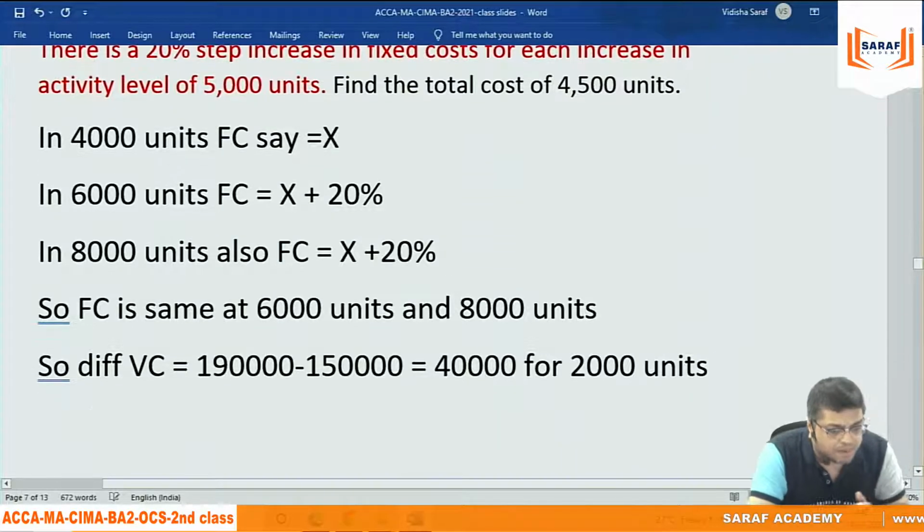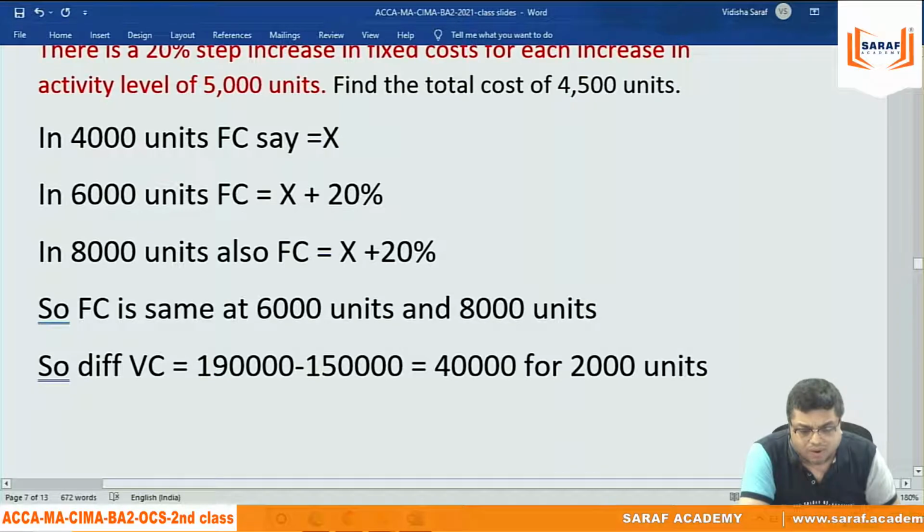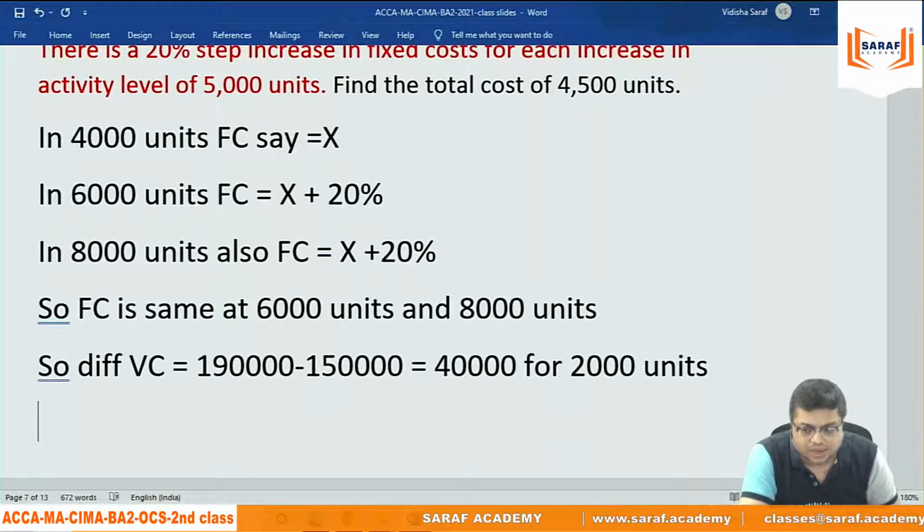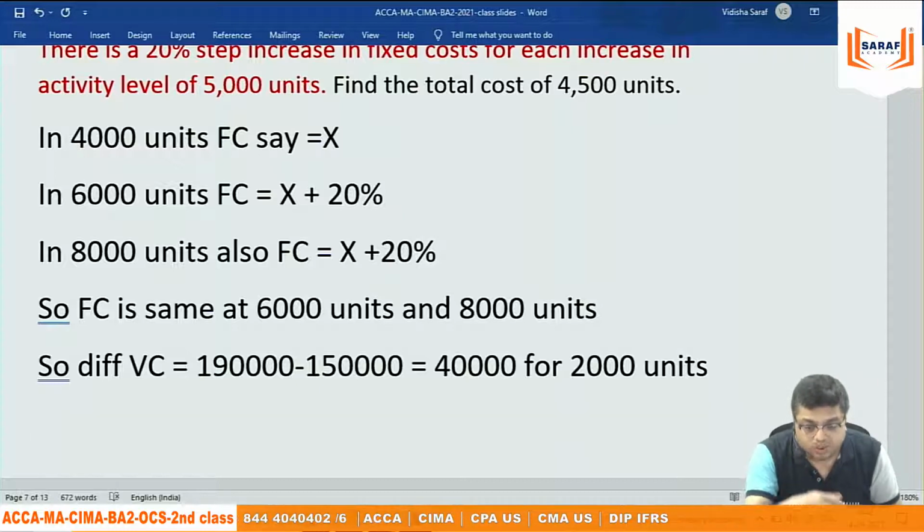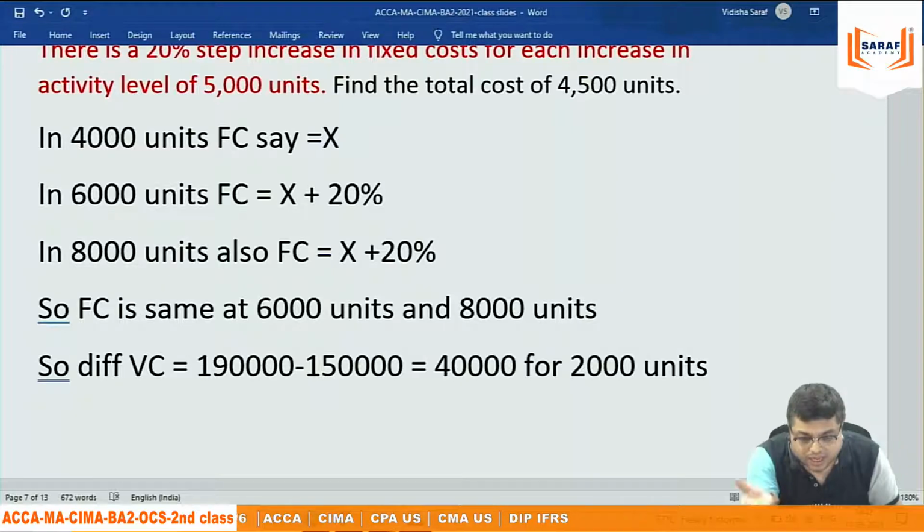If somebody is remembering the formula that variable cost is difference in cost by difference in units, then the person will never understand. Because difference in cost becomes variable when the fixed is the same. It's not that at any level you start doing difference in cost by difference in units and it is variable. No. The difference in cost will be variable when the fixed portion is the same. So at 6,000 and 8,000 fixed is the same, so I can say 40,000 is variable.